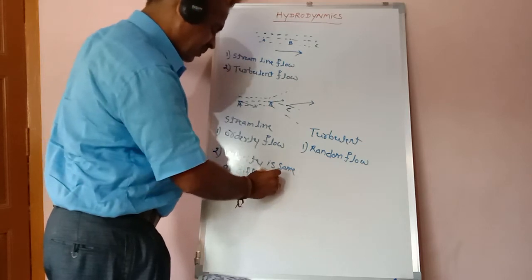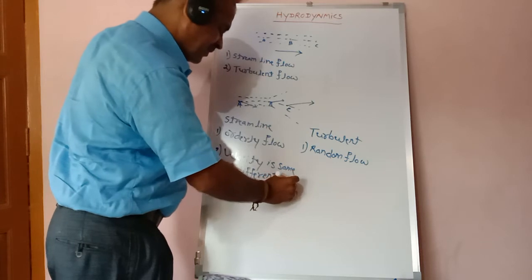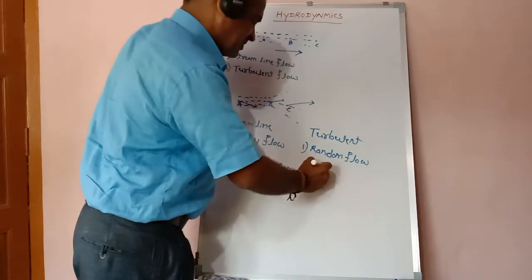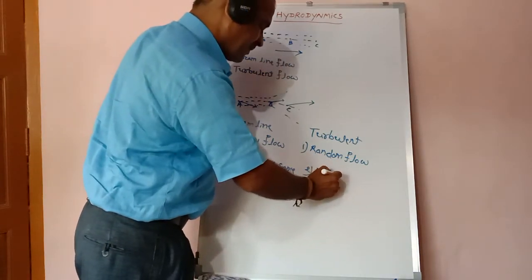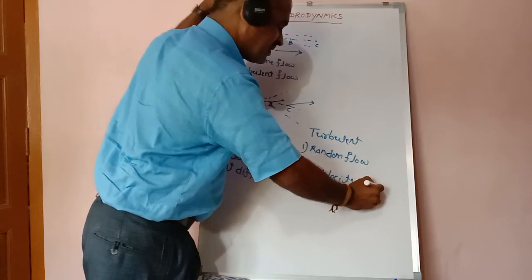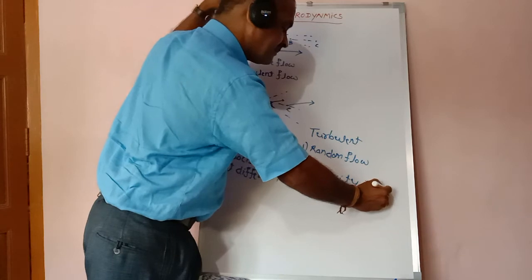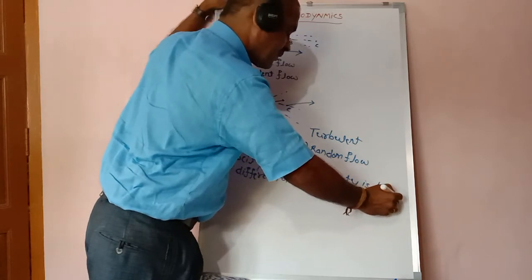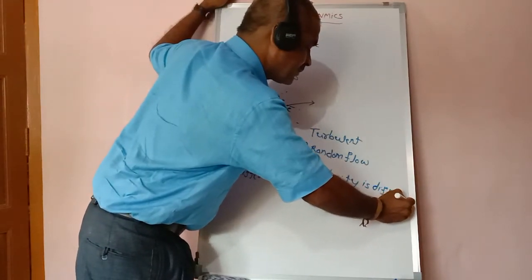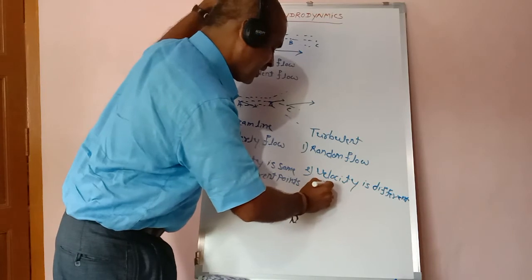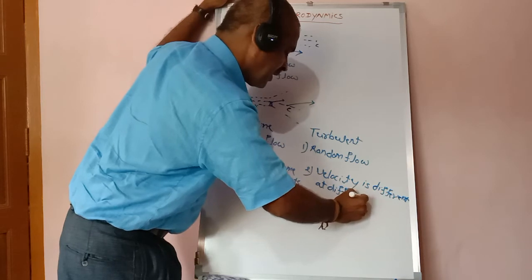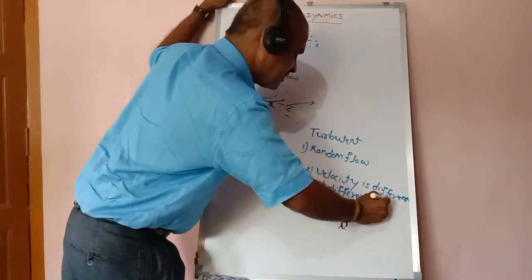Here, in turbulent flow, the velocity is not the same. The velocity is different at different points.